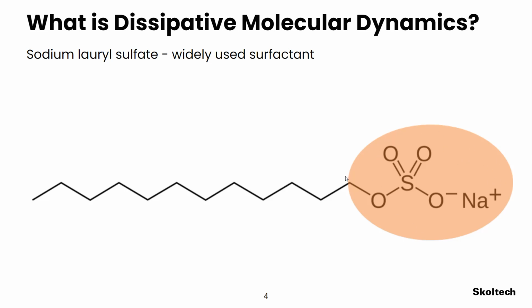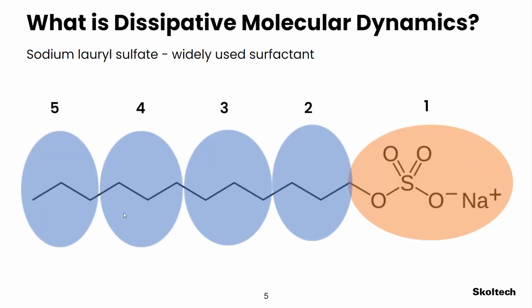In the DPD method, we treat this group as a single particle. After identifying all the hydrophilic groups, in our case there is only one, we move on to the hydrophobic tail, which we break into segments in such a way that the overall structure of the resulting model corresponds to the real existing molecule.